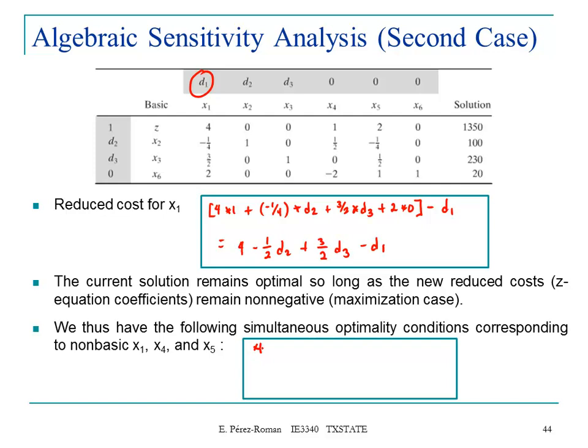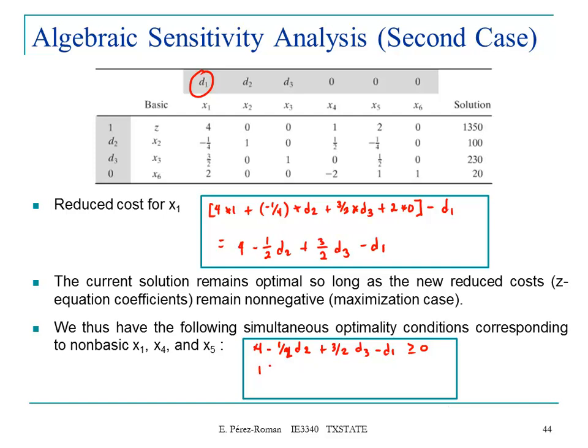So we have 4 minus 1/4 d2, should be 2, sorry, d2, plus 3/2 d3 minus d1, and this needs to be greater or equal to 0.